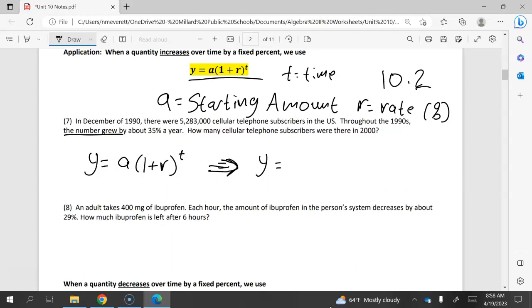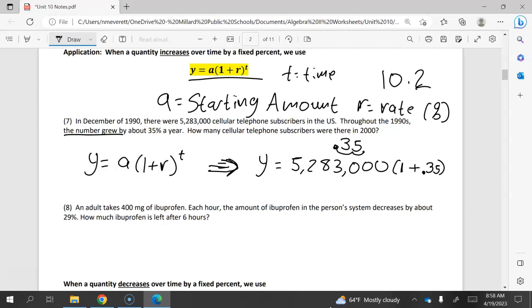So y is equal to A, which is our starting amount, so starting off with 5,283,000, parentheses, we're going to put a 1 there. We're increasing, so it's plus. Now, when we put the rate in, the 35%, I'm actually going to either divide that 35 by 100 or just move the decimal place over 2 times.